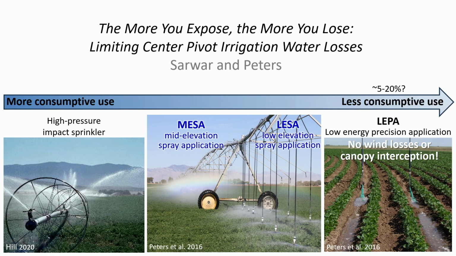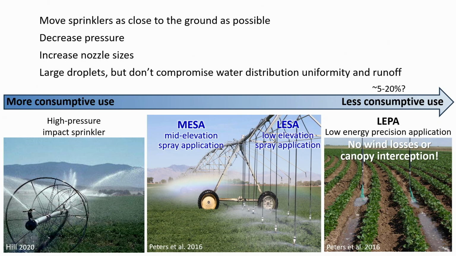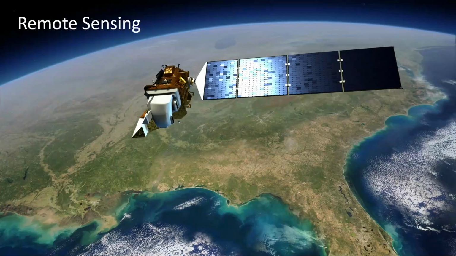It's not just avoided groundwater recharge, but it's real water saved. You do that by moving the sprinklers as close to the ground as you can, decreasing the pressure, increasing the nozzle size, and having big drops that fall straight to the ground. You still need to have uniform application across your field. And I should say also here that drip irrigation would be another step. You could save a few more percent, but that's not used on the crops in my study area.